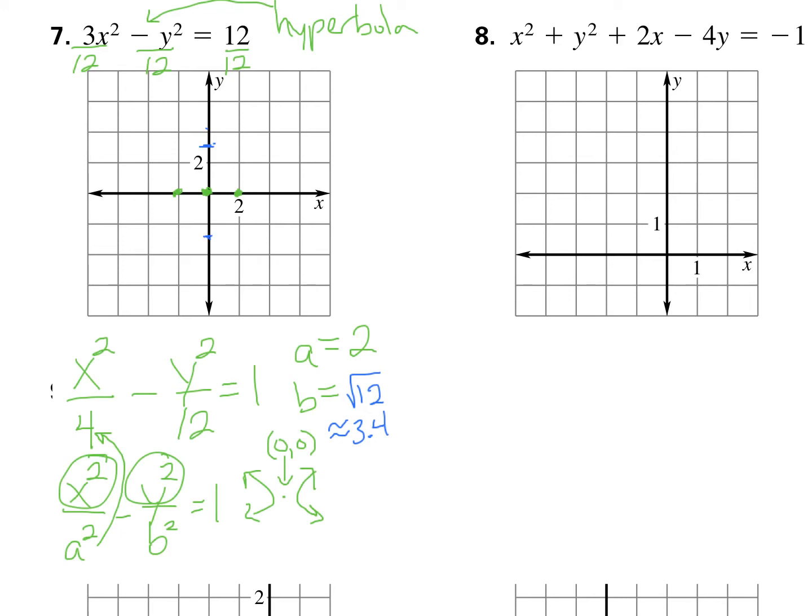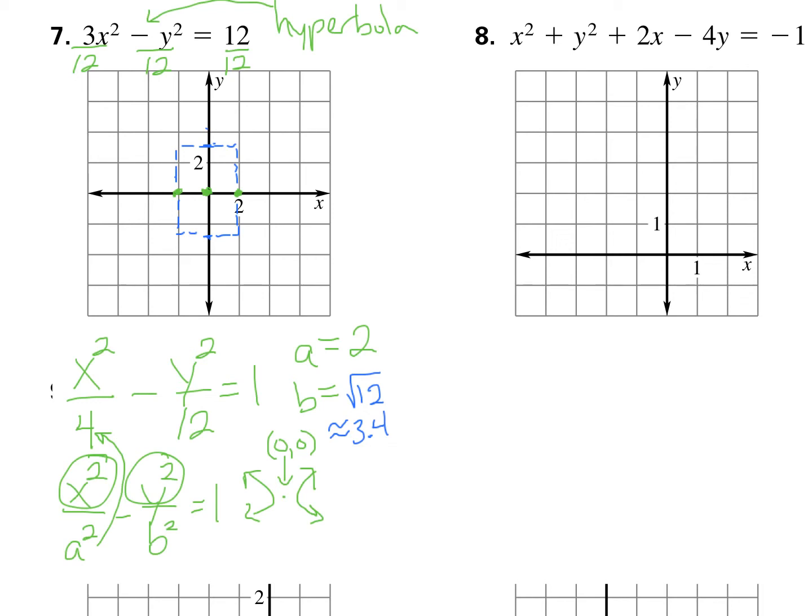So what this does is it gives me the width of a rectangle. The height is determined by b in this particular case, and the width was determined by a.